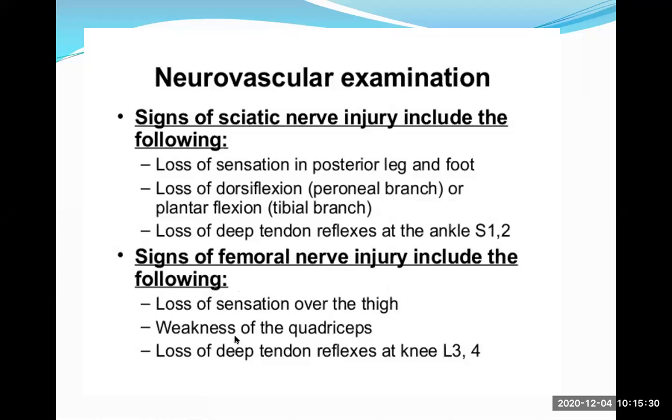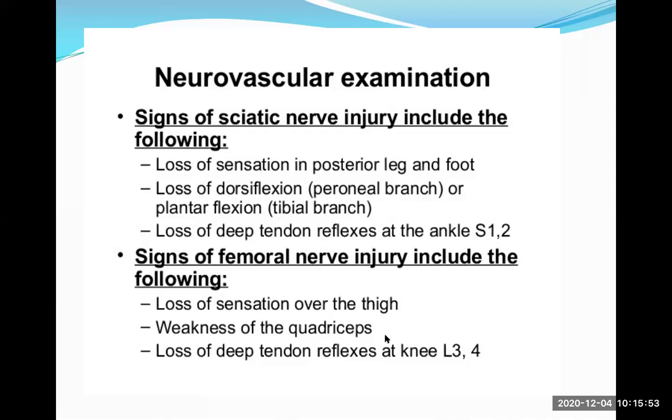Now, there is loss of sensation over the thigh because it is also a sensory nerve. And see there, weakness of the quadriceps muscle. And what happened if quadriceps muscle are weak? Which function is lost now? What is the function of quadriceps femoris muscle? Yes. Extension of knee. Excellent. Very good.